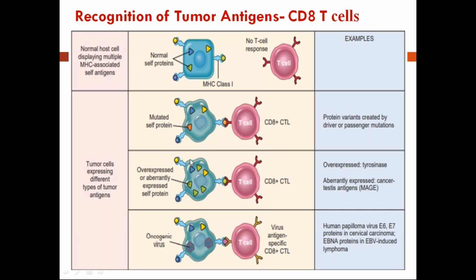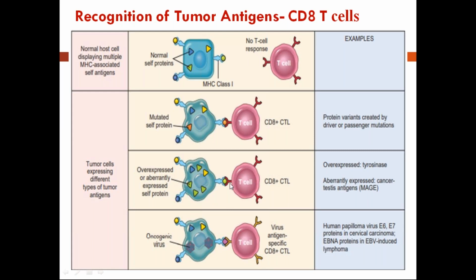Now, what are the other reasons where the abnormal protein can be presented? When the proteins are overexpressed in the tumor cells, for example, I've given you melanocyte specific protein in case of melanoma, or the MAGE protein, which is usually silent in normal cells and gets expressed in the abnormal tumor cells.